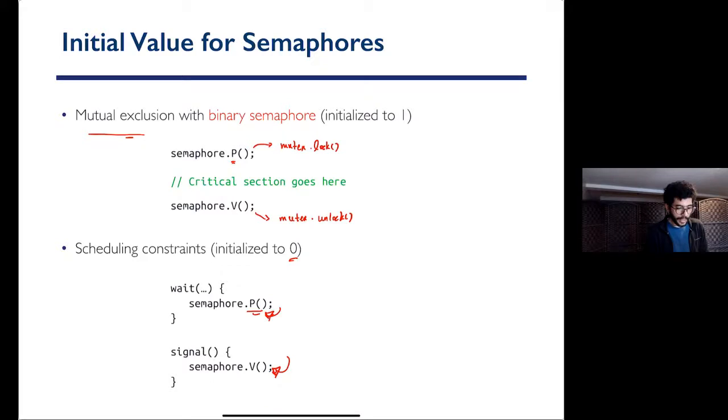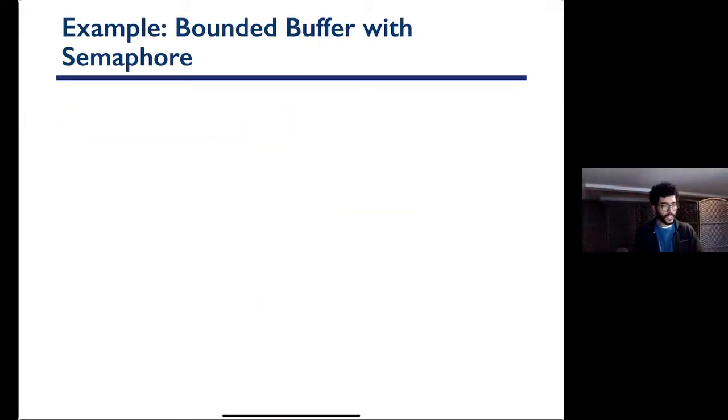Now, let's look at the bounded buffer example. We're going to have this empty slot semaphore. We want producers to wait if the empty slot becomes 0, right? When there is no empty slot, then we want producers to start waiting.